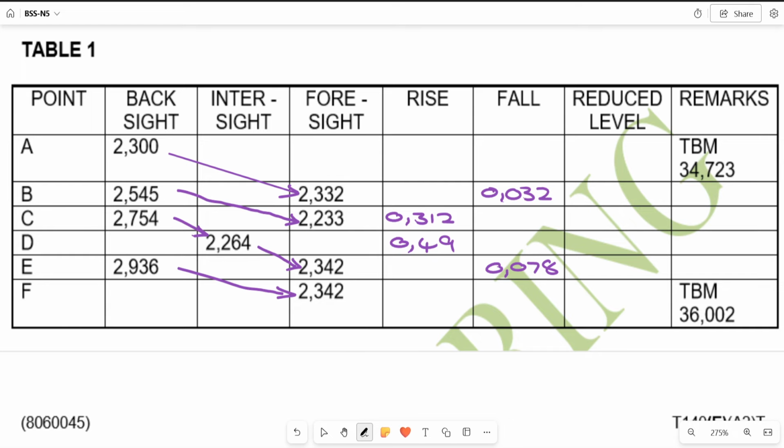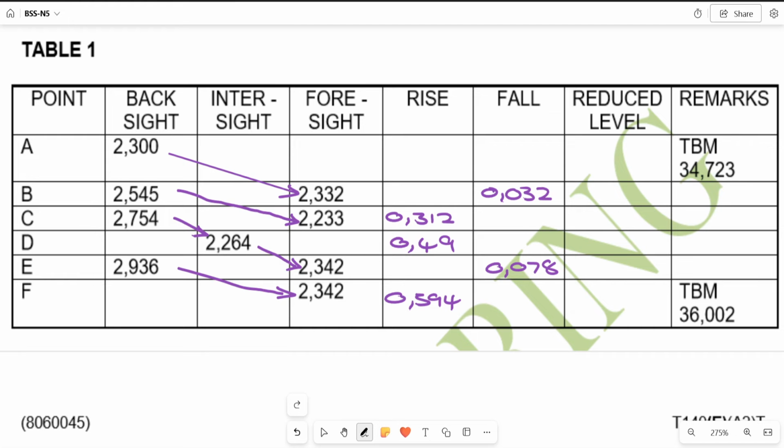Now, what are we going to say? We're going to say 2.936 minus 2.342, right? And we are going to notice that the answer is positive, which is 0.594. Okay, guys, how many marks? I think this will be 1 mark, 2, 3, 4, 5. Let me just erase that for now. I think you're getting yourself 5 marks just by doing so.